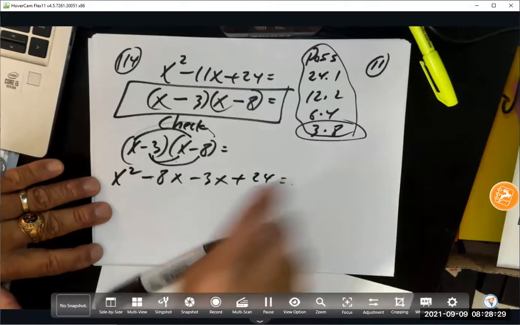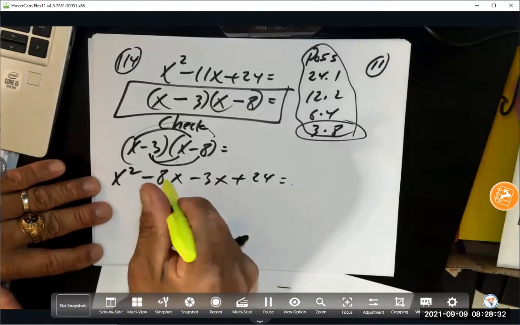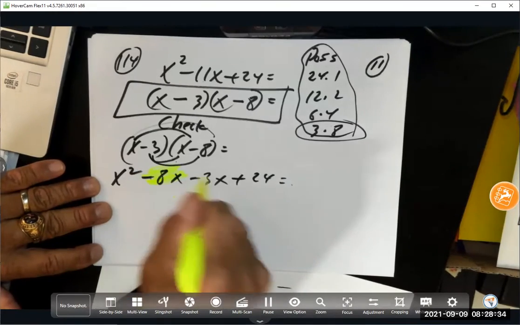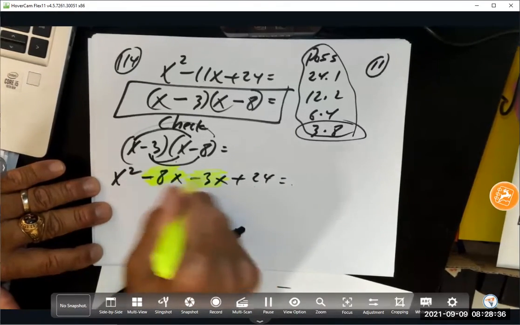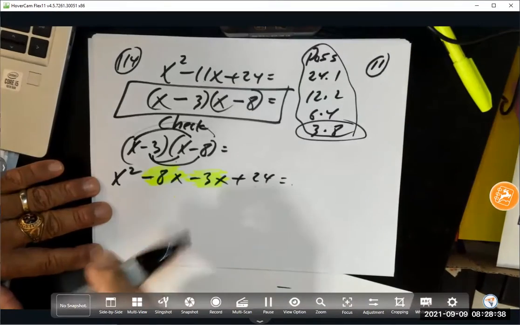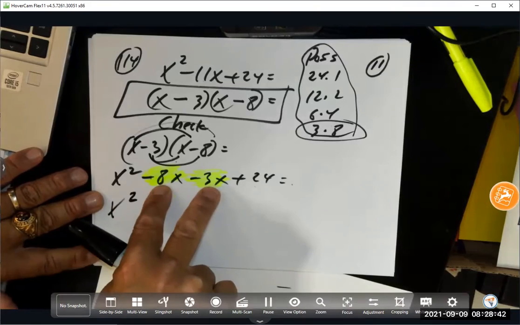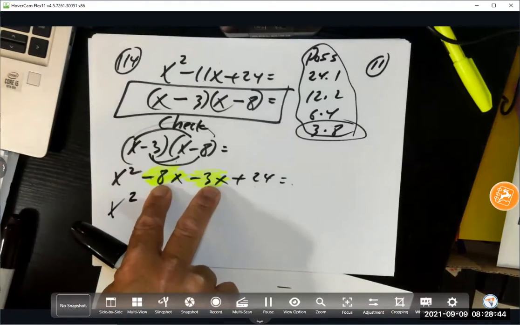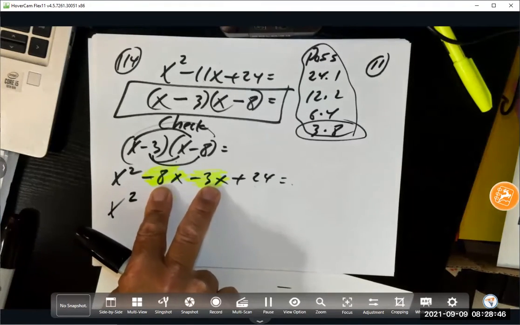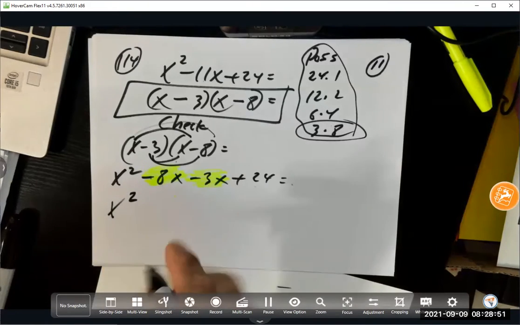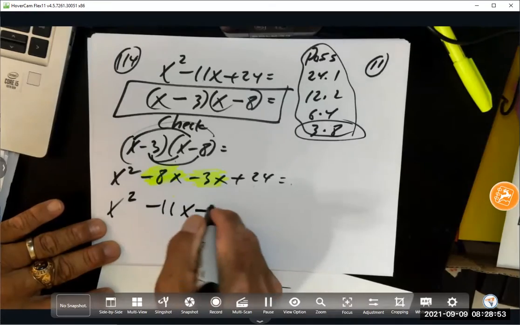Now this is what you're going to do. You do this in the calculator. This one and this one together. What do you get? What's this? Negative 11x. Yes. Plus 24.